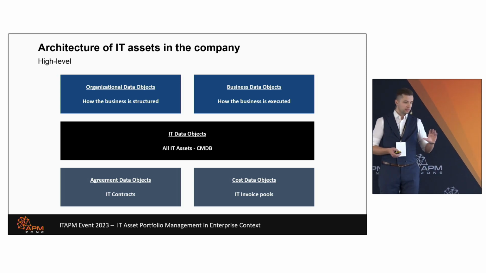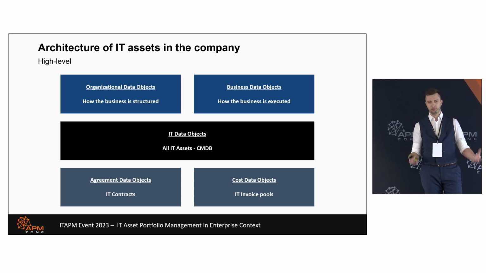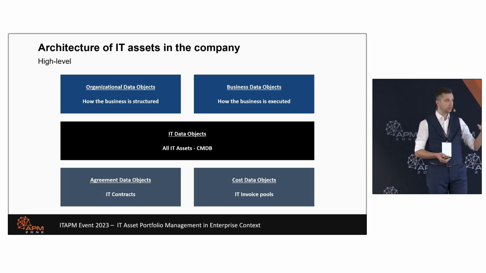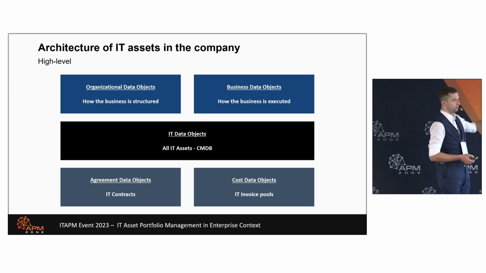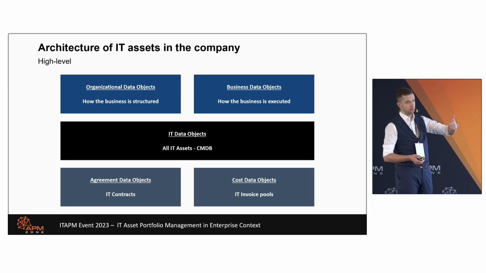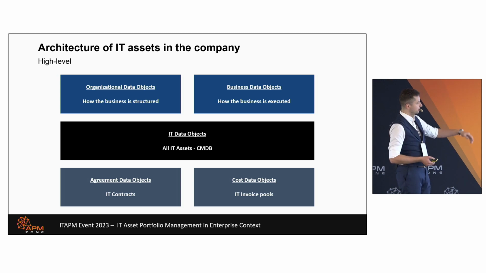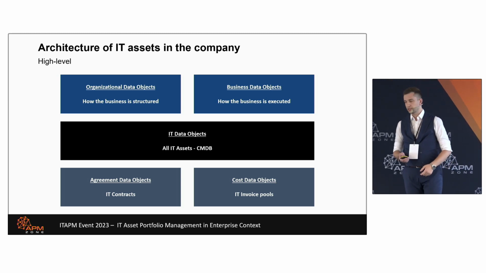Why are these three layers important? Because as the scale grows, the complexity grows. If you have a company of 10 people, it's probably very easy to say, my company is X, what we are doing is selling cups, our IT is websites and Gmail, and our agreement is for the website and Gmail, right? So what is there to allocate?